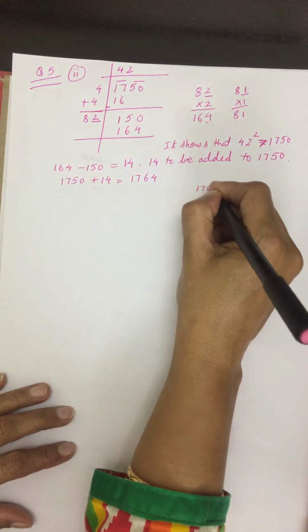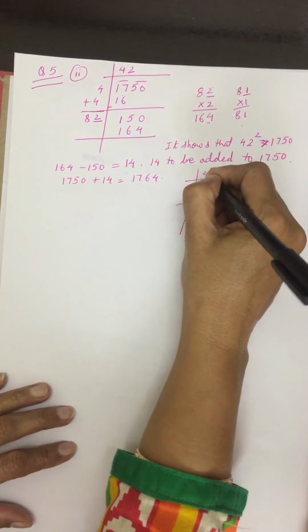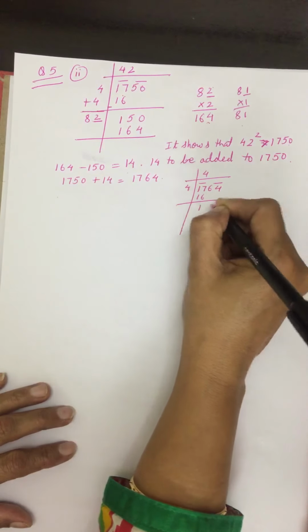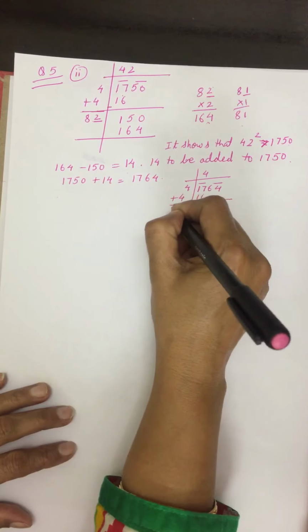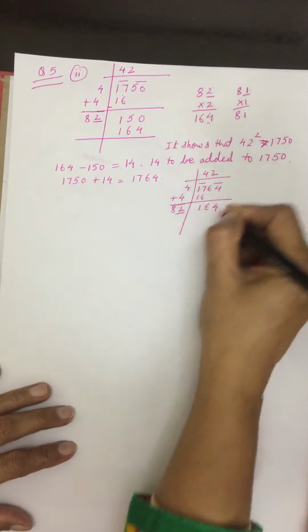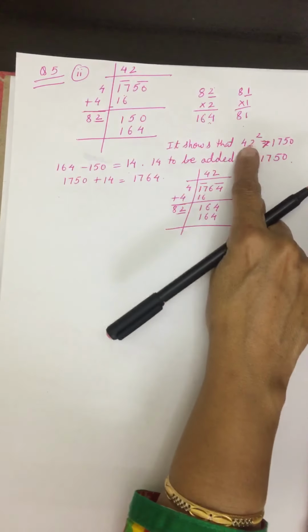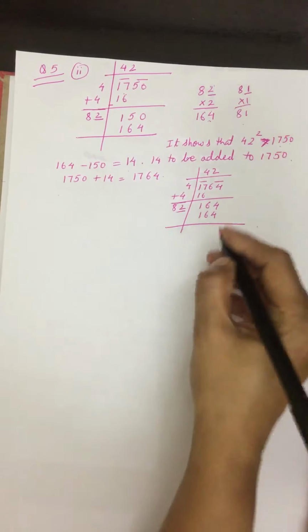Now you try to find the square root as you have done just now. Similar way, 4 4s are 16. Okay. 1. Next number is 64. Double the divisor in the same manner. And how many times will it go? 2 times. See, square of 42 is greater than 1750.